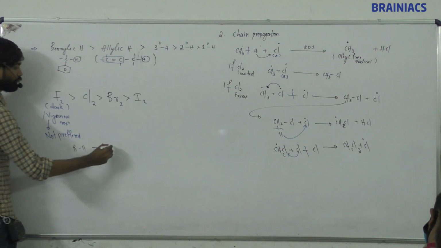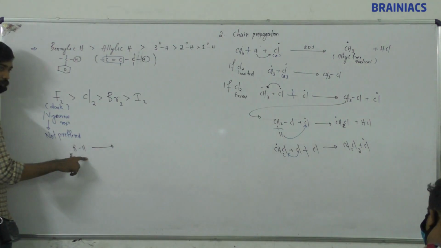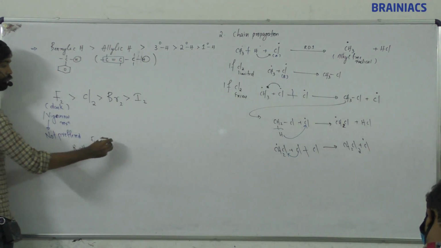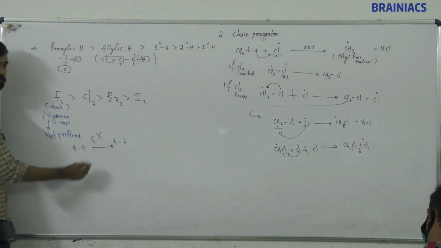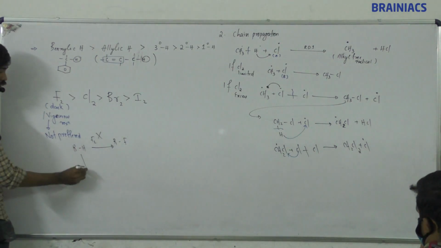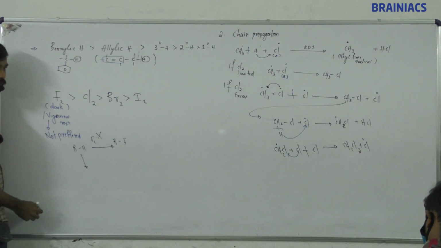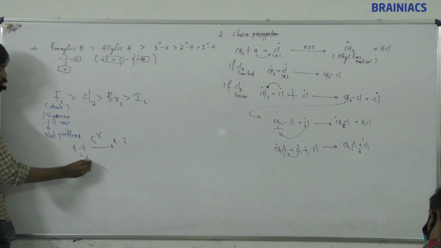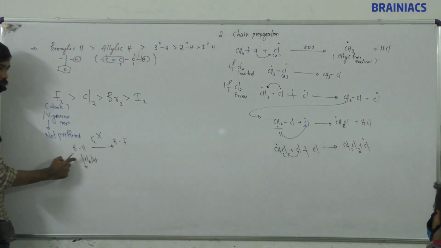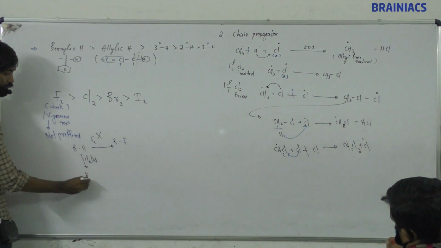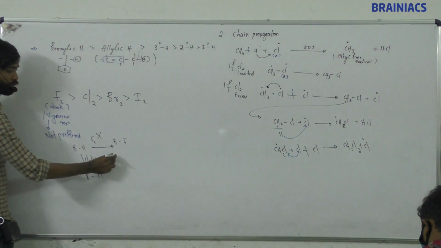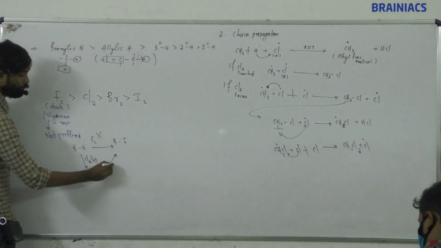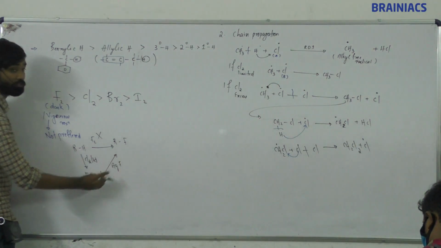The concept is that an alkane on treatment with fluorine may form fluoroalkane, but this is not preferred. Then how can you form fluoroalkane? First you chlorinate your alkane, which is not a vigorous reaction, it is a simple reaction, followed by the Swarts reaction, a halogen exchange method.